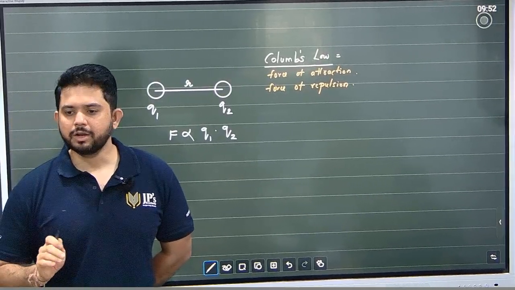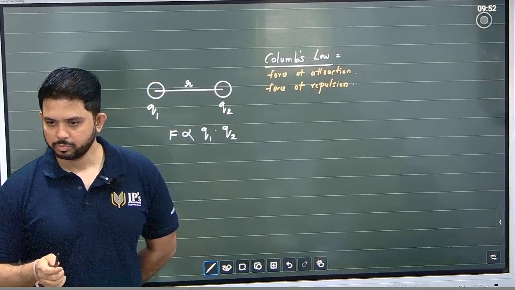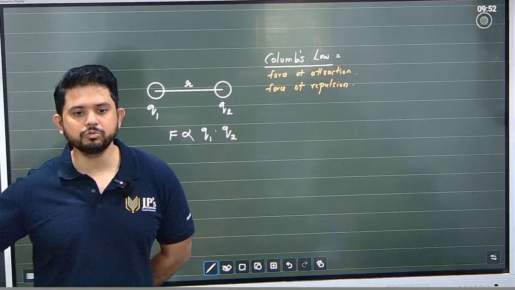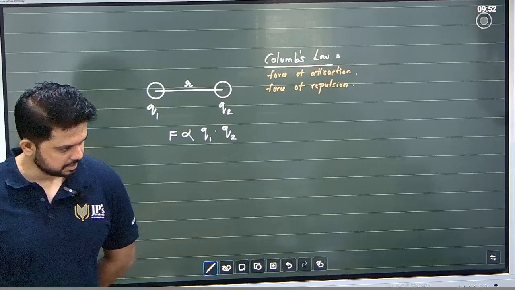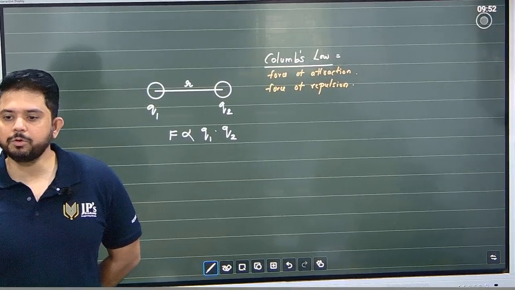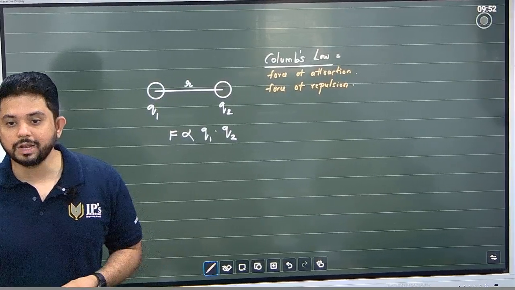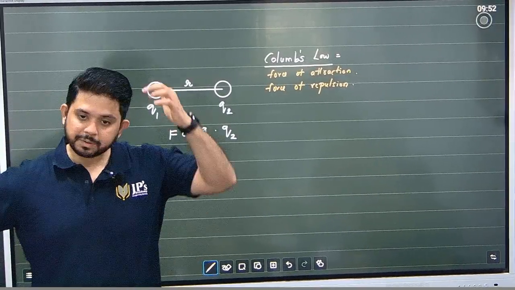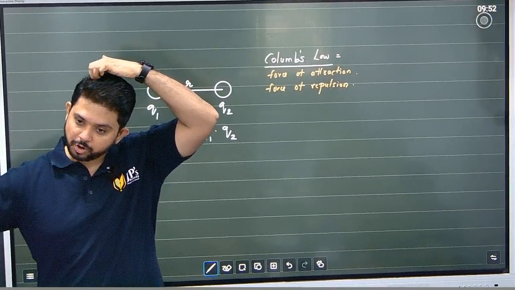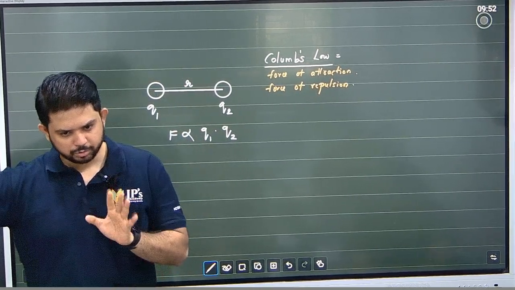In 9th and 10th standard, there was the law of gravitation. What is the law of gravitation between 2 bodies, M1 and M2? Anyone remembers? G M1 M2 by R square. The force of attraction between two large bodies is directly proportional to the product of the masses of the bodies, inversely proportional to the square of the distance. You studied this somewhere in 9th or 10th standard.